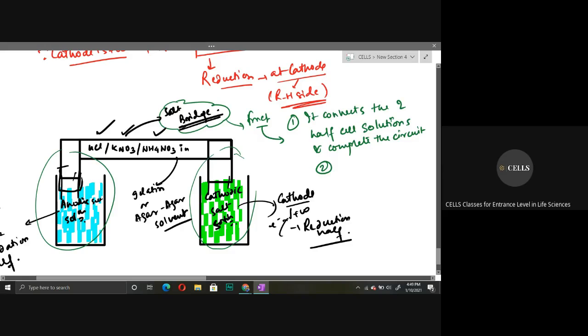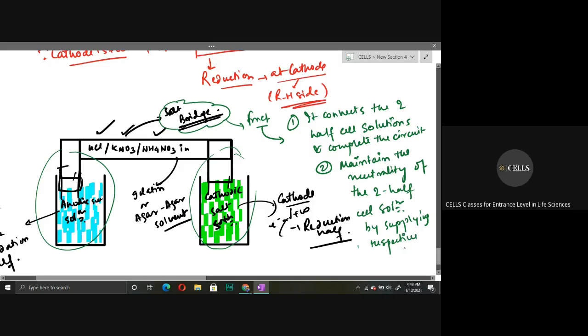Second function, it helps to maintain the neutrality of the two half cell solutions by supplying respective ions to the half cells.